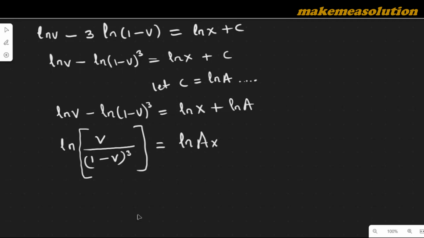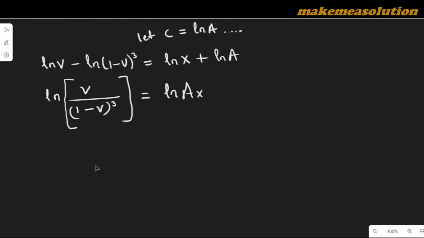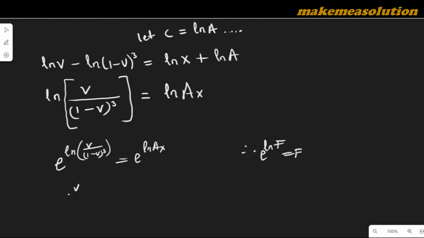So when we take the exponential of both sides, we're going to have e to the ln of v over (1 minus v) cube is equal to e to the ln ax, and according to our axiom, exponential of ln f will still return f. So we have v over (1 minus v) cube is equal to ax.